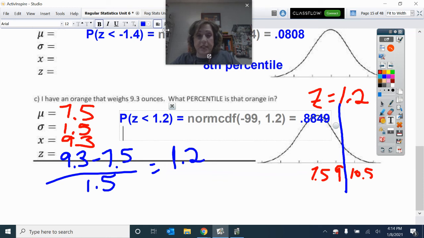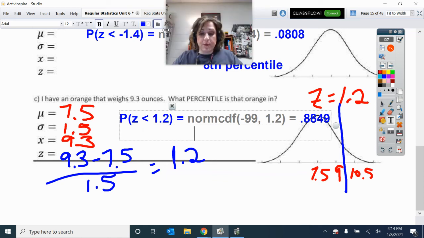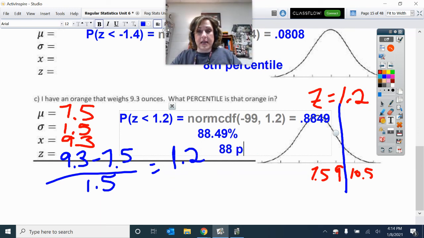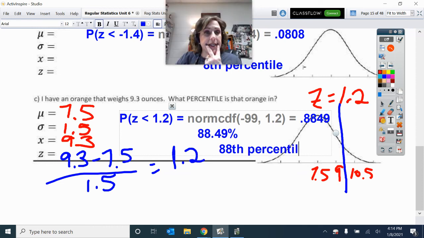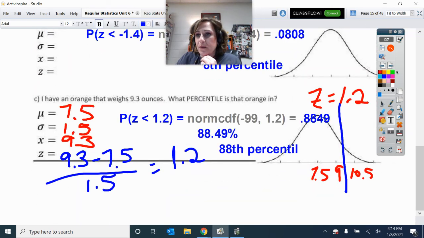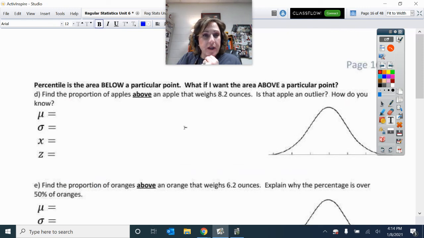So I'm just going to leave it at that. So 88.49%, which is in the 88th percentile. Okay, done there. All right, so that is what's going on with finding that percentile, the lower area.